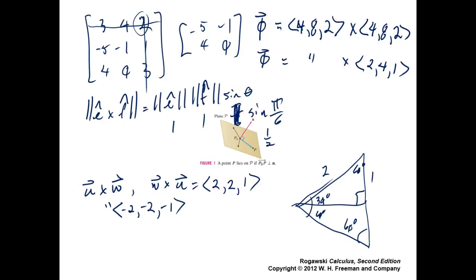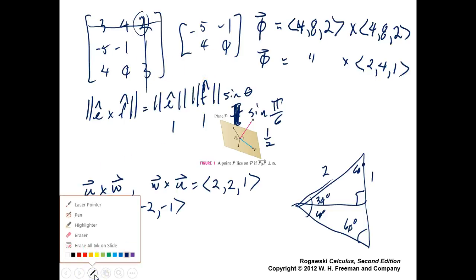Okay. Number 5. Last clean slate here. Okay, to erase it. We're doing the preliminary questions at the end of 12.4 on page 660. Now, number 5.